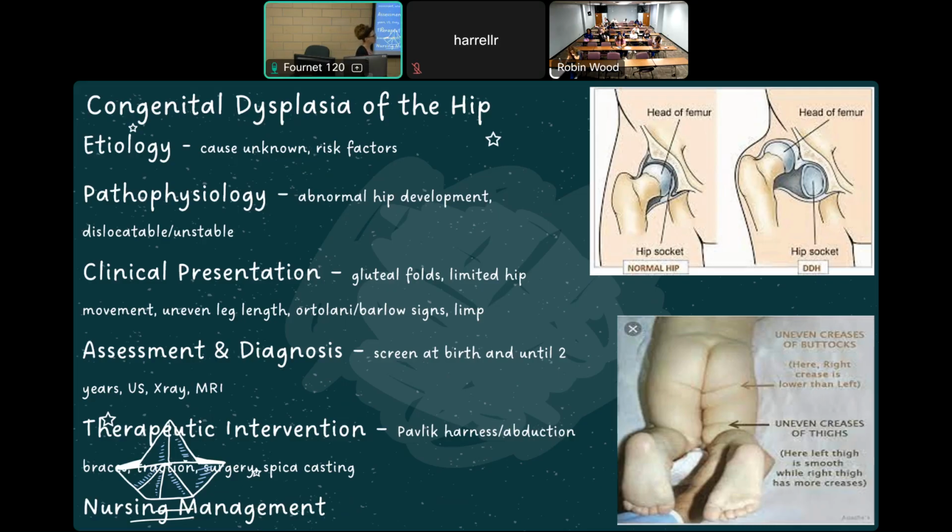Bryant's traction is the one where it holds the legs up like this. I have a picture as well. And then in certain cases, they might have to opt for closed reduction, surgical closed reduction under general anesthesia. We see spica casting done very frequently with these kiddos post-operatively.